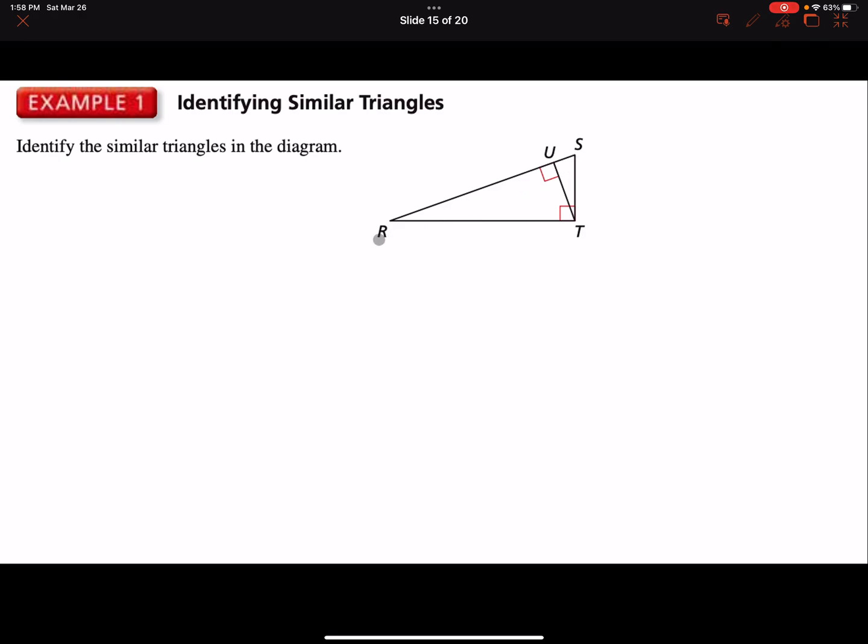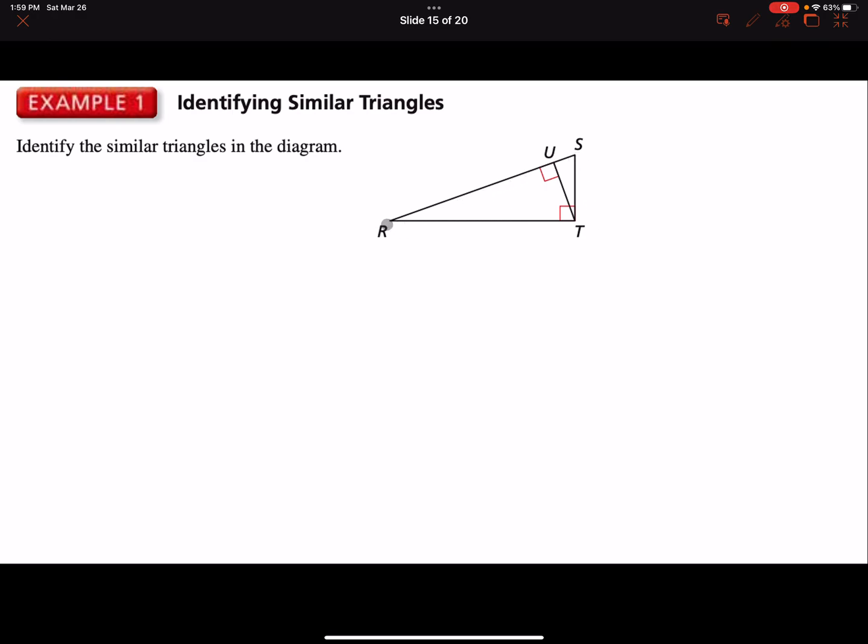There's this large one. I'm going to start at R and call this R. This is the smallest vertex. It's opposite the smallest leg. So R, bring it down to T, to S, okay? Notice that RTS is what I'm calling the triangle.